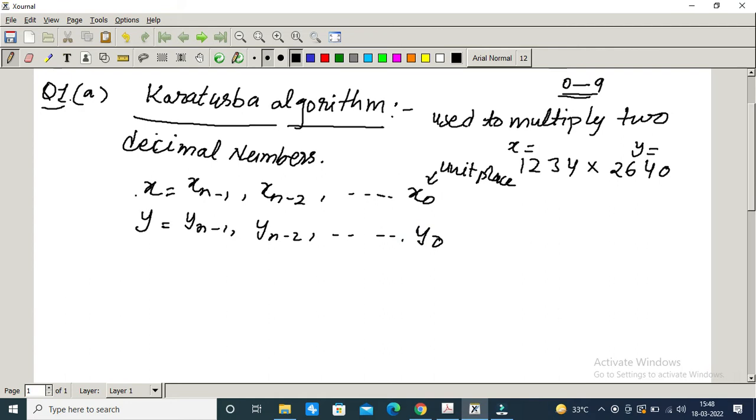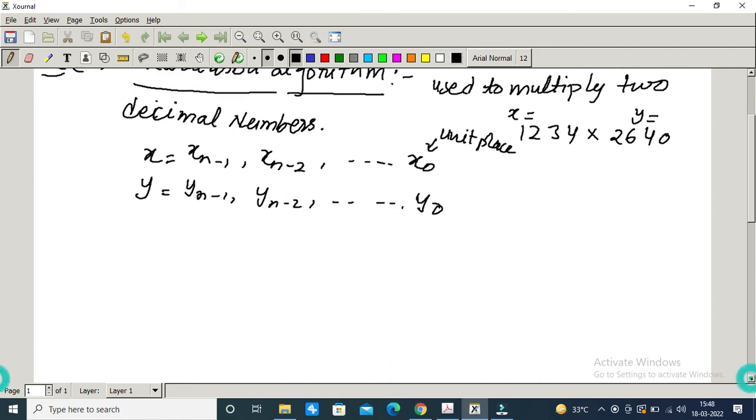So what are the various steps in this algorithm? First, they represent these numbers in a very different way.